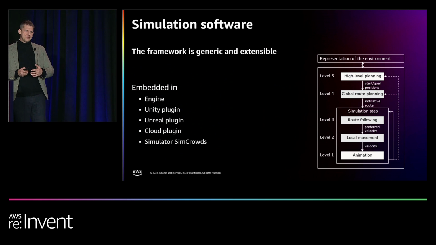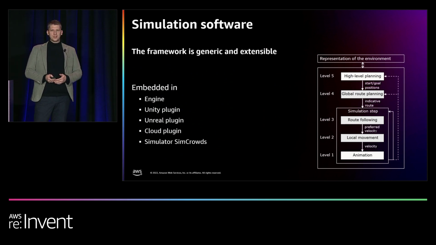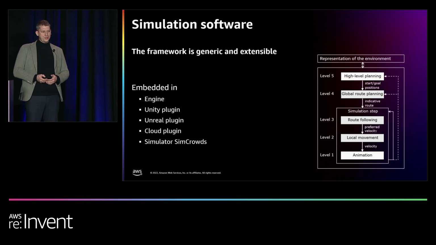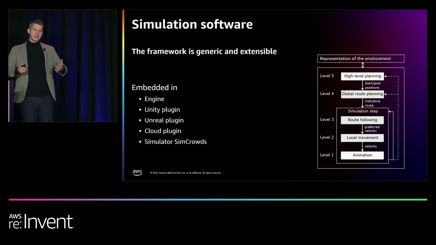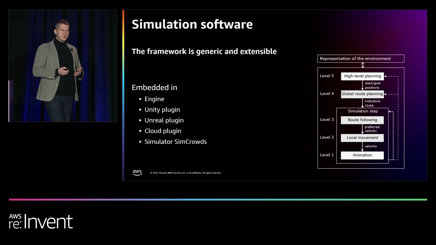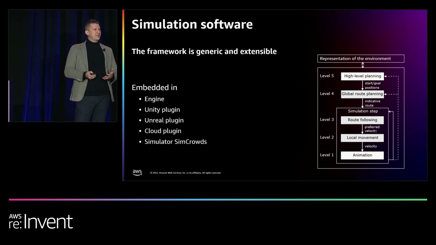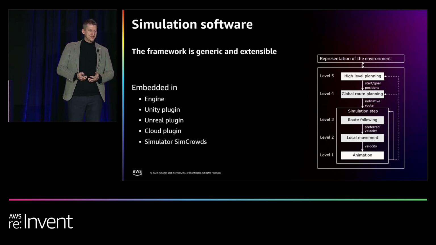In order to answer these simulation questions, we have been studying and creating a framework that can simulate big crowds. This framework consists of a few elements. One of these elements is a representation of the environment in such a way that the computer can do quick simulations with it.